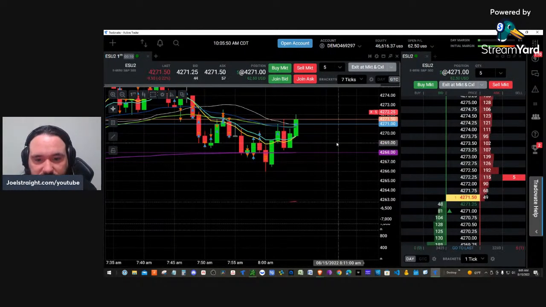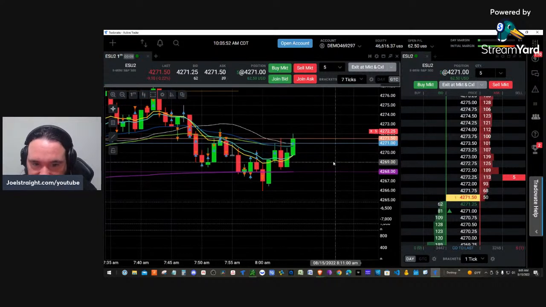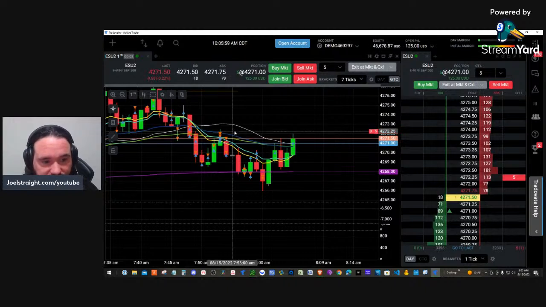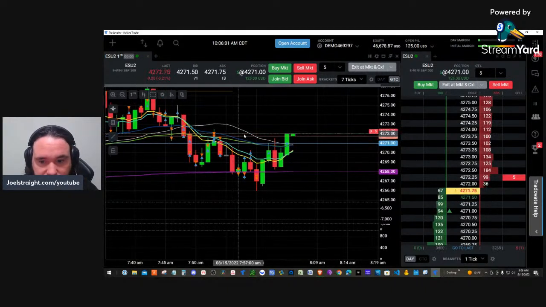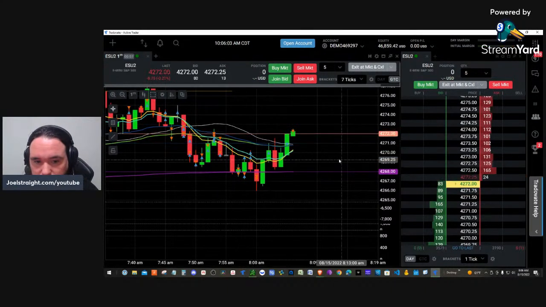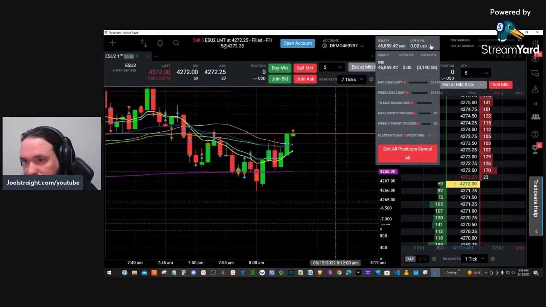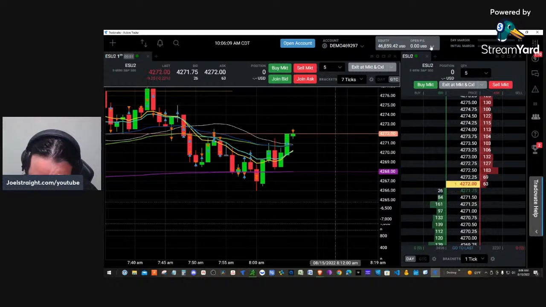We got what looks like a good entry, provided this continues to move upward, which, based off of chart movement, looks like it should. All right, it filled. So that made us back a few $100.